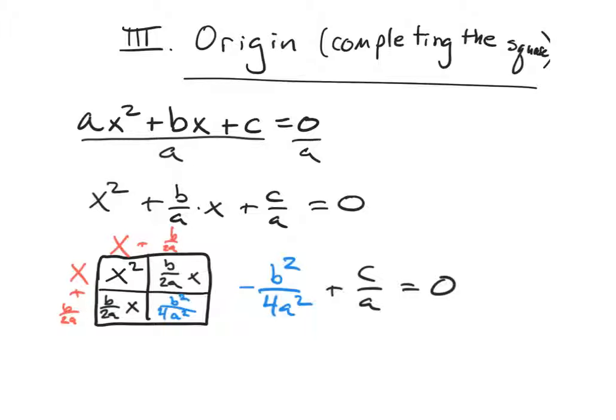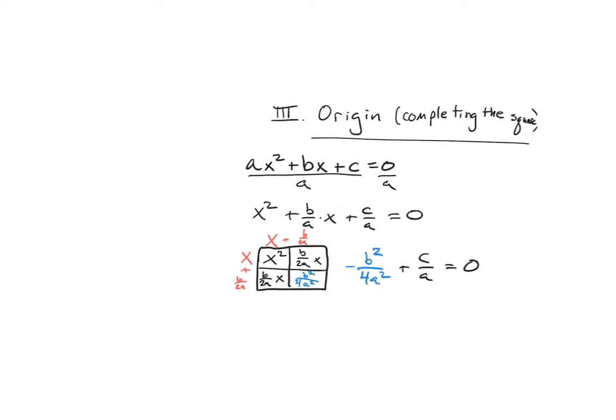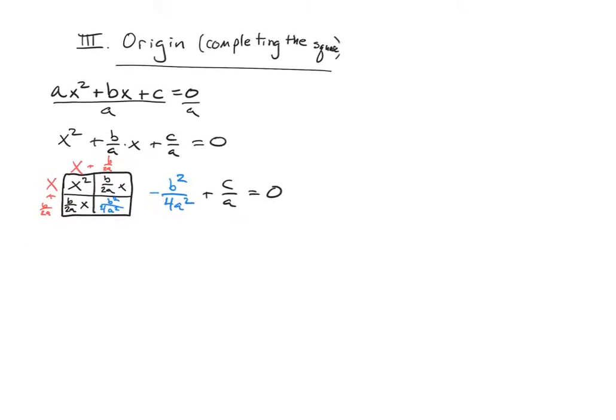Alrighty, so I'm going to scrunch this down a bit so we have some more space to work. So then we can see what this leaves us. So the red part is going to become the x plus b over 2a squared. We're going to add everything else to the other side. So then we got minus our blue piece. Plus our c over a equals 0.